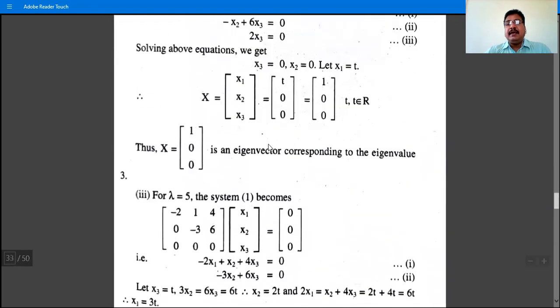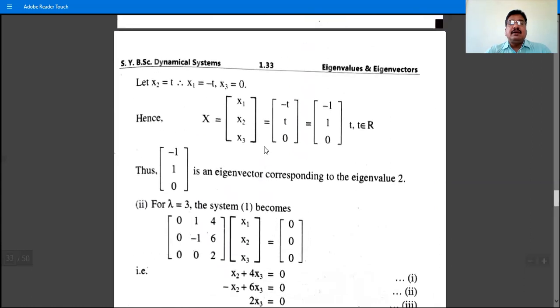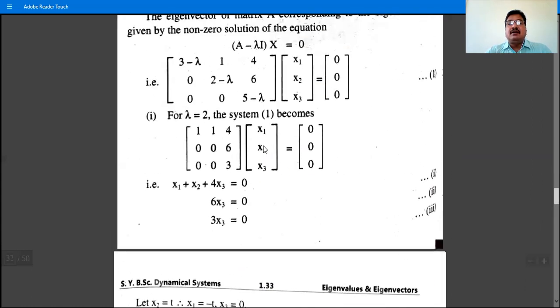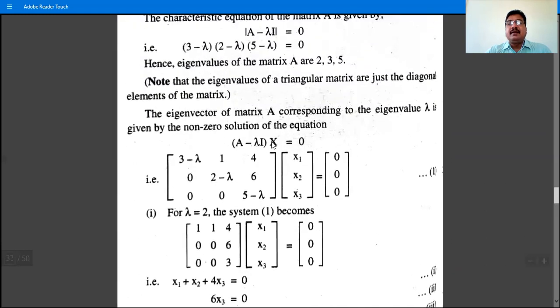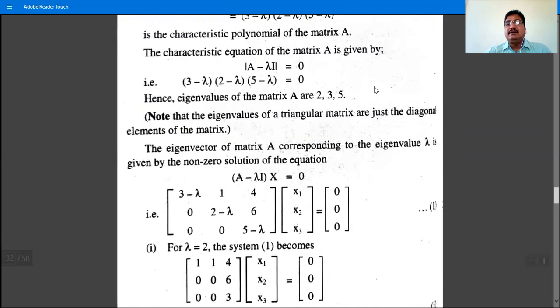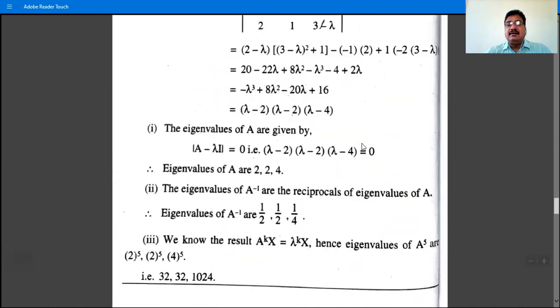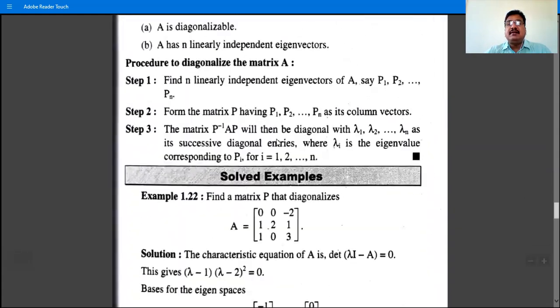P inverse AP is a 3 by 3 matrix whose diagonal elements are 2, 3, 5. So P inverse AP is equal to the matrix with rows 2 0 0, 0 3 0, and 0 0 5.